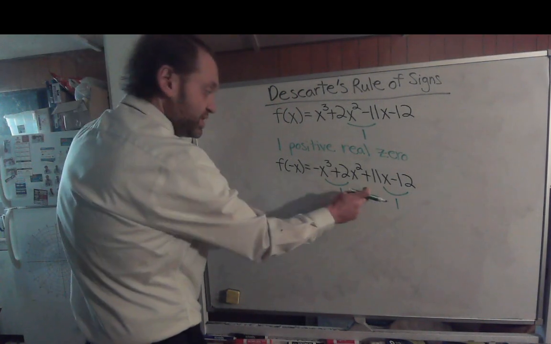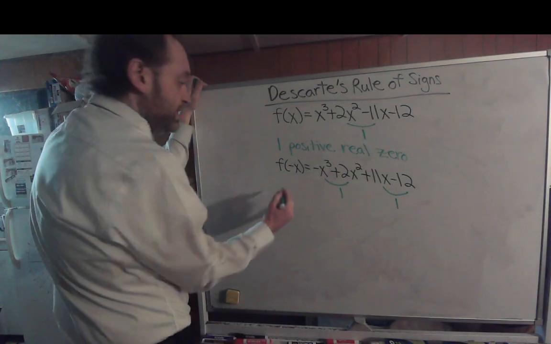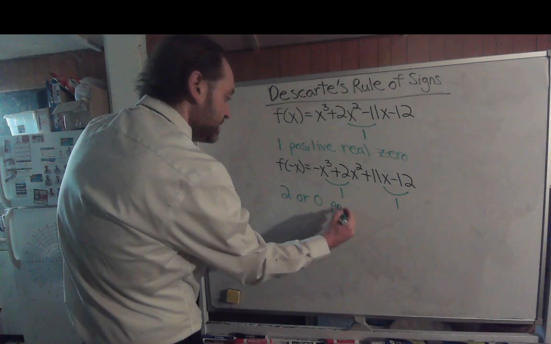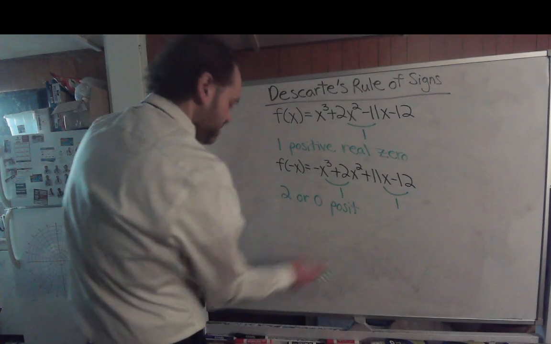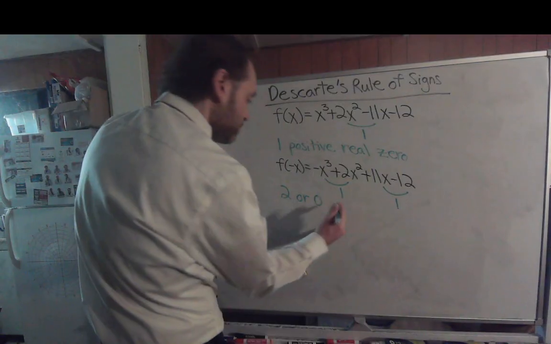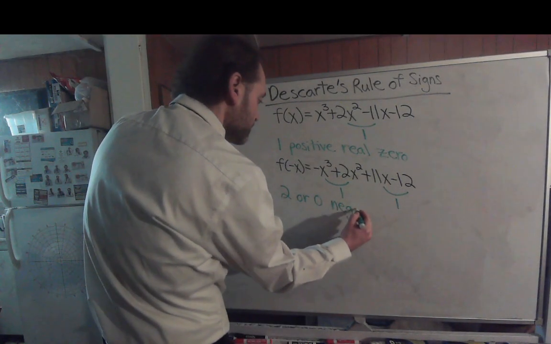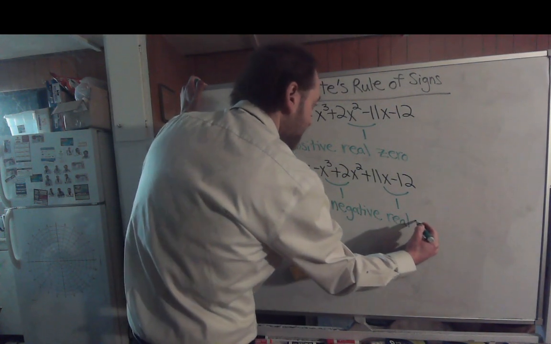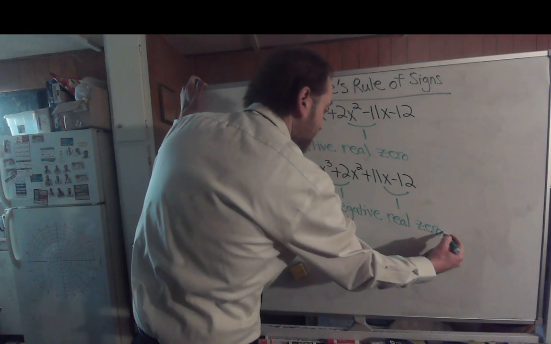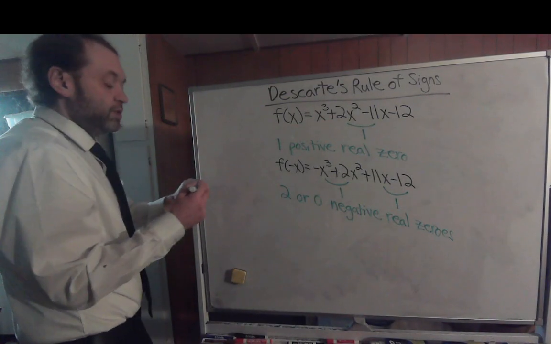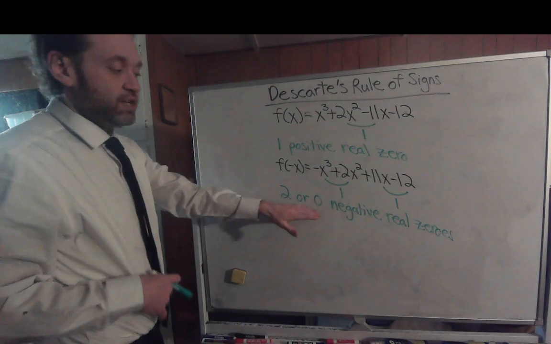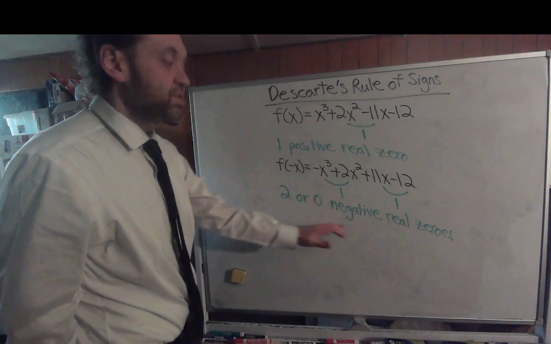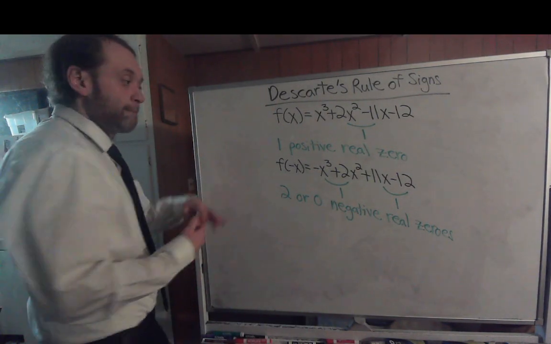So we have two sign changes for f of negative x. So there's going to be either 2 or 0 negative real zeros. Again, if you have 2 or more sign changes, just decrease the quantity by 2 for the other number you could potentially have. So there are 2 or 0 negative real zeros.